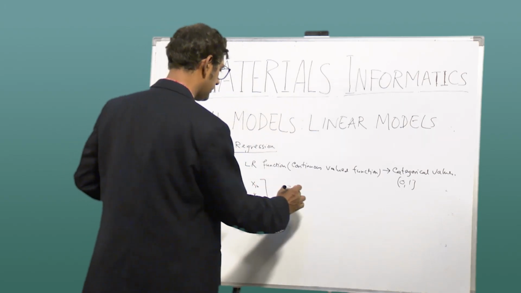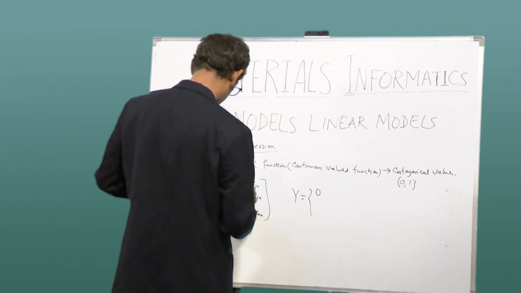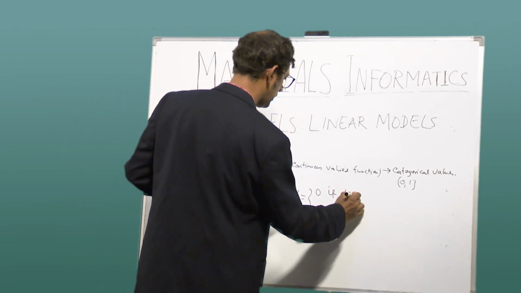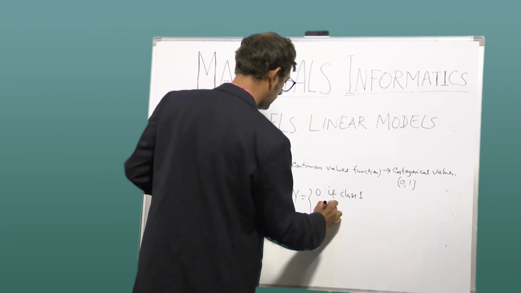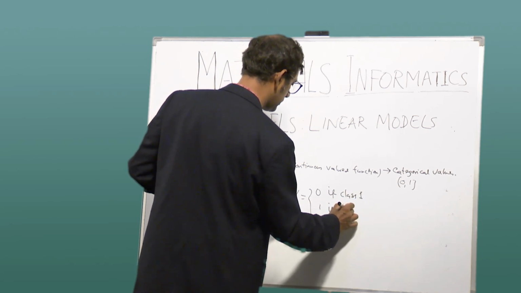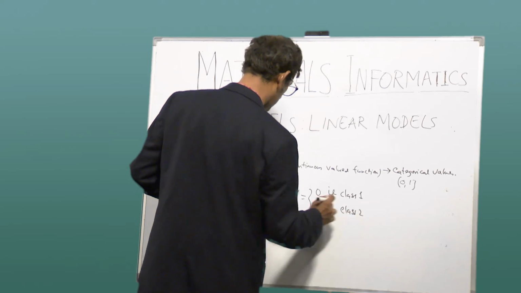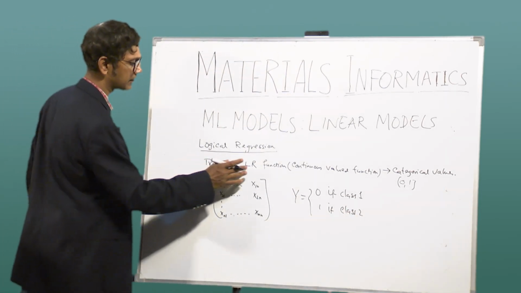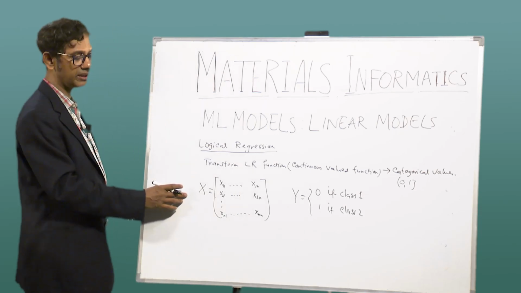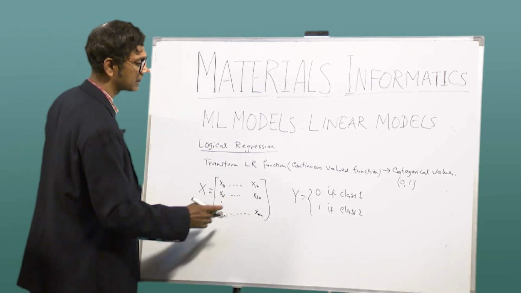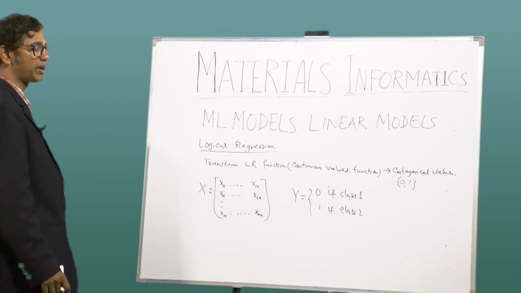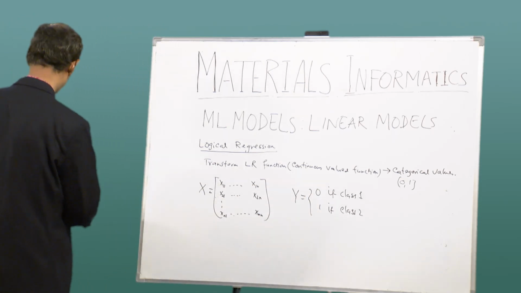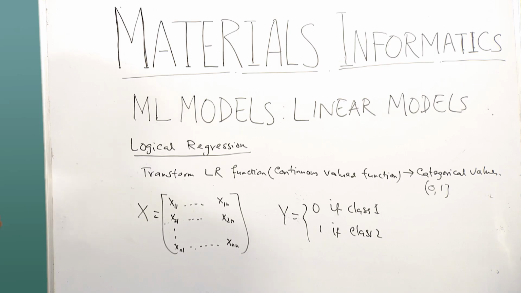It has binary values 0 if class 1, 1 if class 2. This is how I get x, and y has two values, 0 if class 1, 1 if class 2, right. That is very easy to understand.